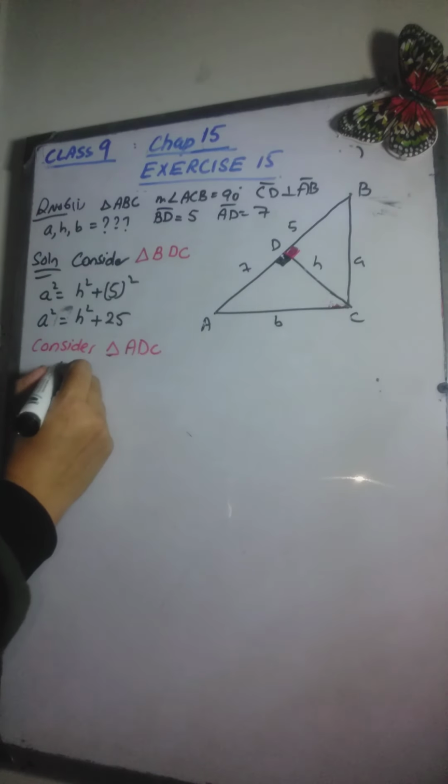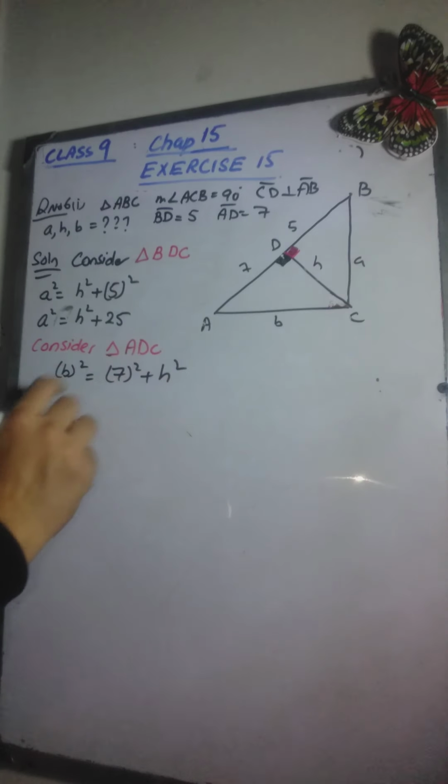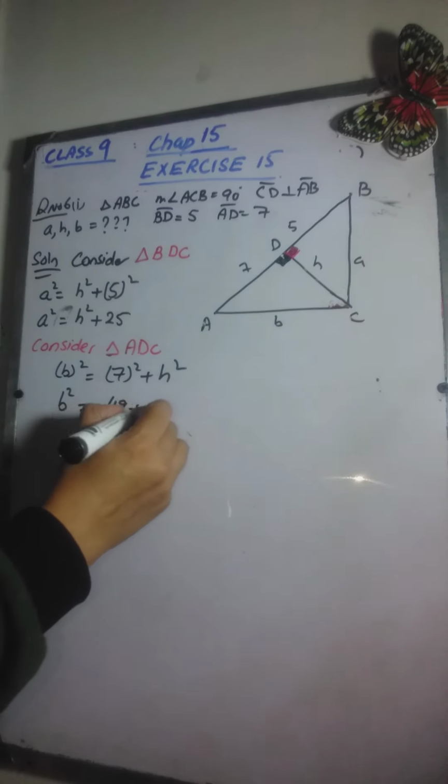So the hypotenuse square should be equal to 7 square plus x square. So b square will be equal to 49 plus x square. Now let this be equation 1 and this be equation 2. What we are going to do is add these two equations. And let me do one more thing.